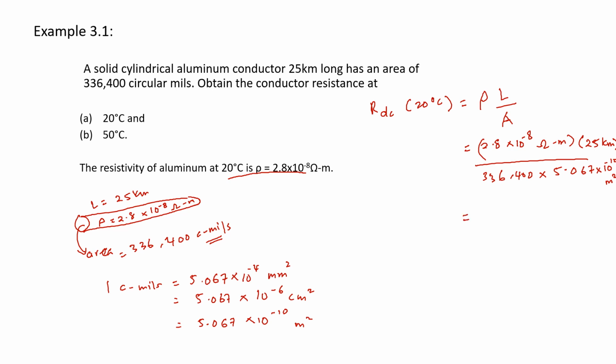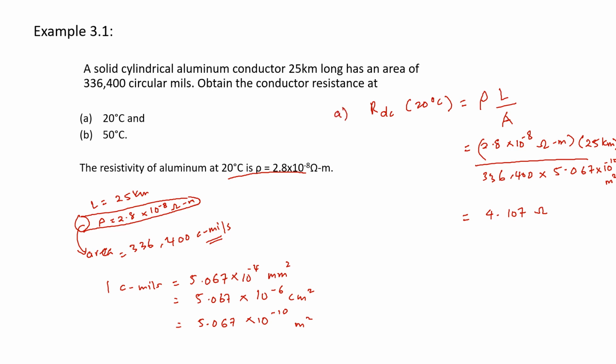So if you calculate, you will get the DC resistance equal to 4.107 ohm.